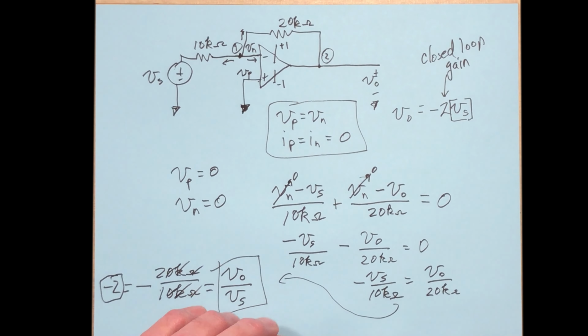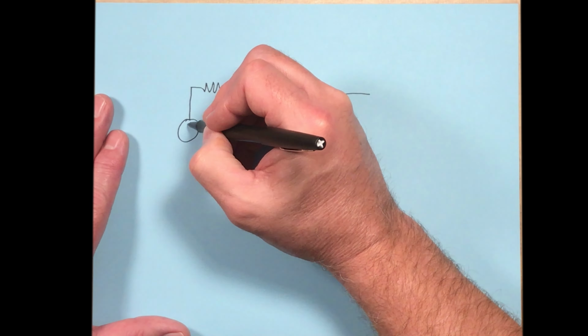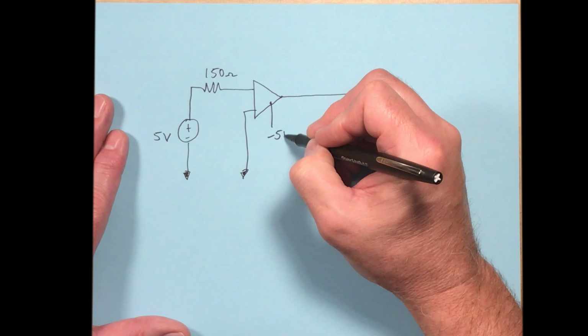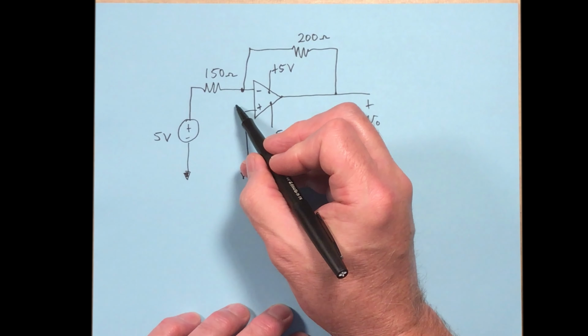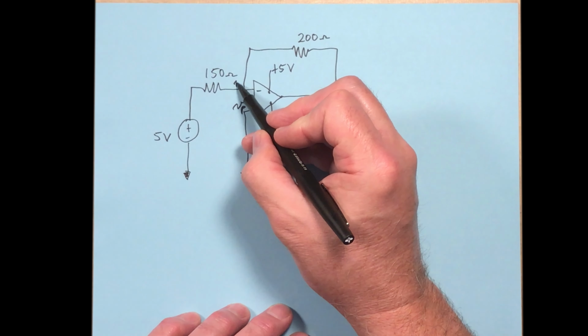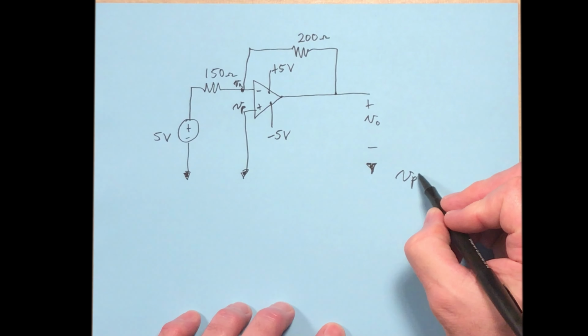Let's do another one, and let me show you that. Once again, this is going to be an inverting op-amp. Plus, minus, this is VP, this is VN. By observation, VP equals 0.